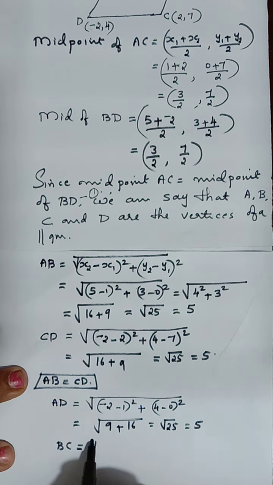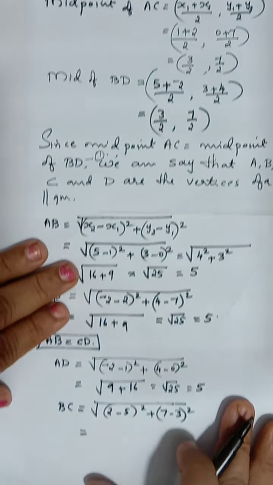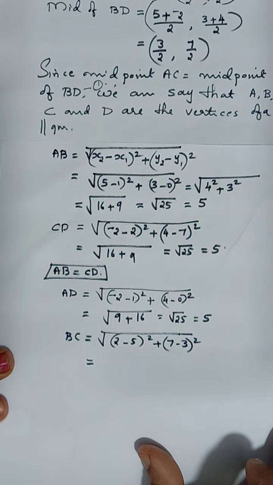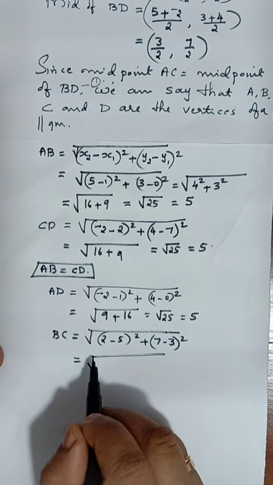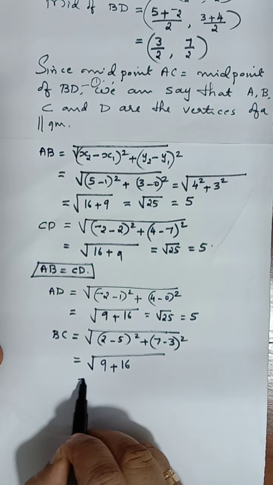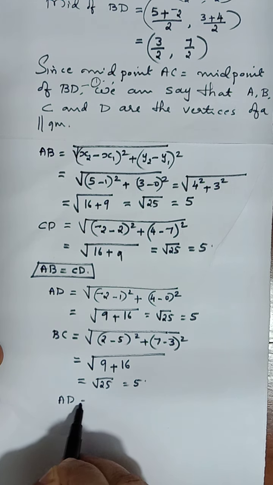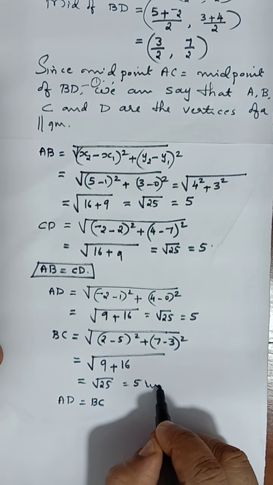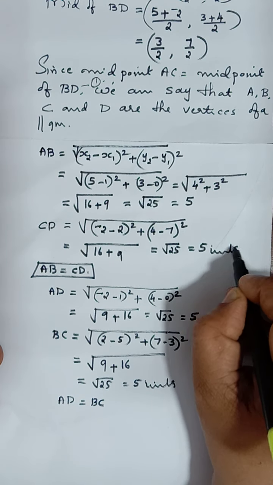BC also you have to find out: x2 minus x1 whole square plus y2 minus y1 whole square. 2 minus 5 whole square is negative 3 square, 9. 7 minus 3, 4 square, 16. Again we have root 25 equal to 5. We can write it as AD equal to BC. Here we can write units: 5 units, 5 units, 5 units and 5 units.